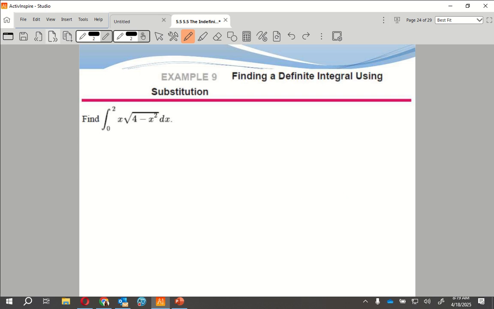Okay. Anyway, so I'm going to say that my u is going to be equal to 4 minus x squared. du is equal to negative 2x dx. Alright, and divide by negative 2.